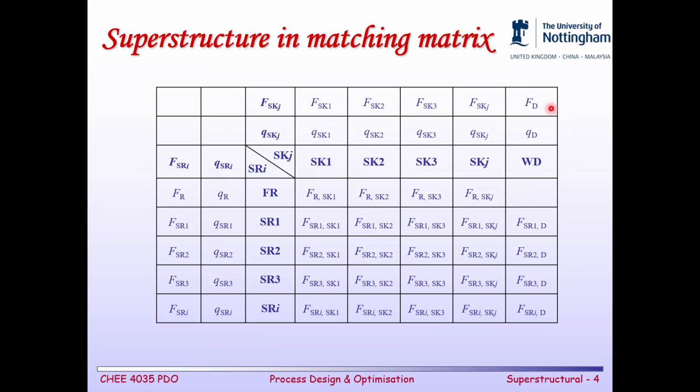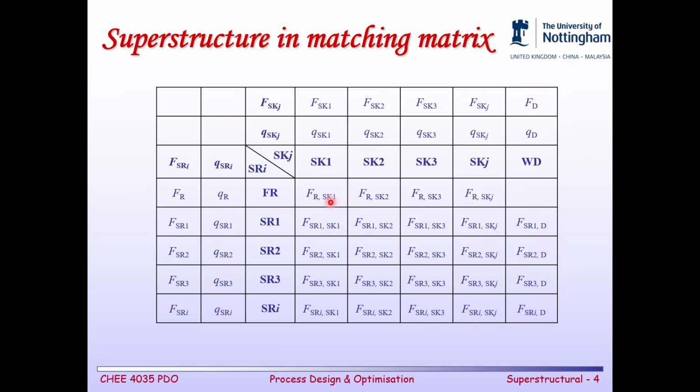And we also have at the last column the wastewater stream. Any water source that is not reused or recycled goes to the wastewater stream. It's designated with the subscript D, while the freshwater is designated with the subscript R.